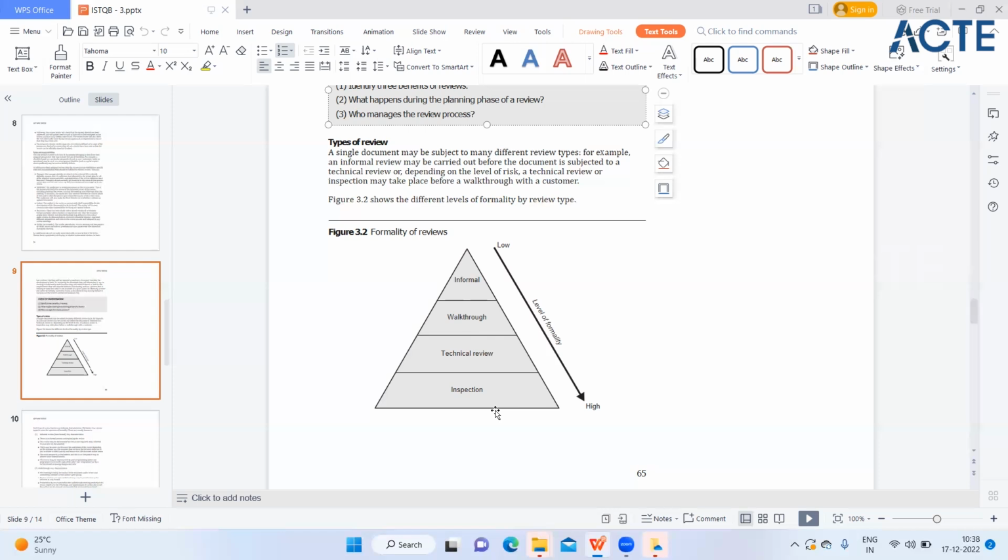So till now, are you able to understand the stages, the roles and responsibilities, who is doing what? Yes, it's pretty clear. Okay. So now we will see this formality of review. Just remember this diagram, you will get this kind of question.